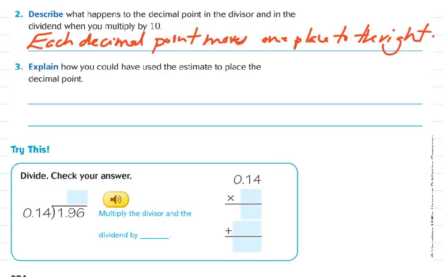Now number 3 says explain. How could you have used the estimate to place the decimal point?